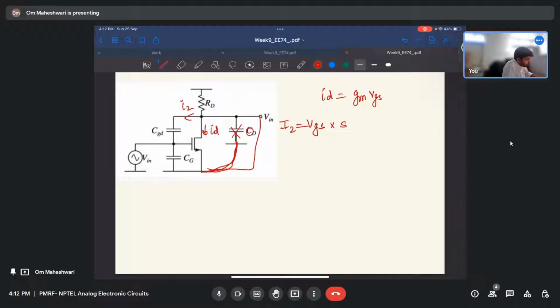I2 equals VGS into S times CGD. So I short circuit will be S CGD minus GM times VGS. This is going from input to output. So this is I short circuit.